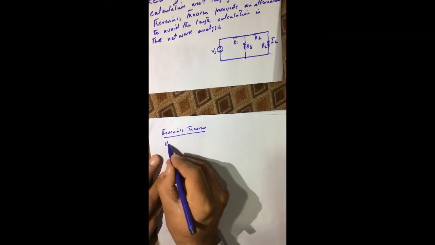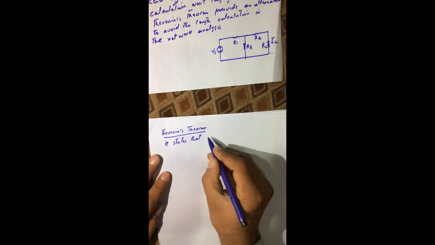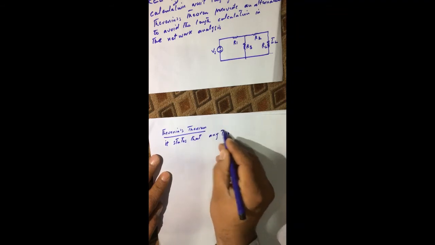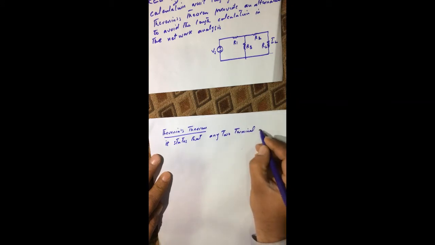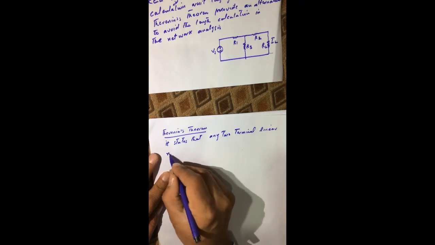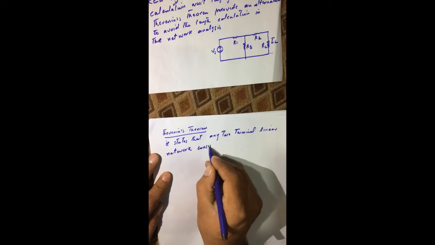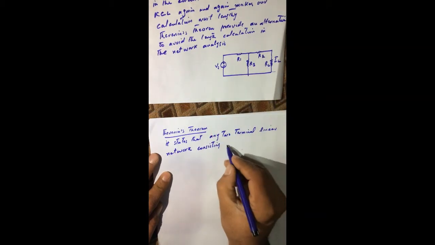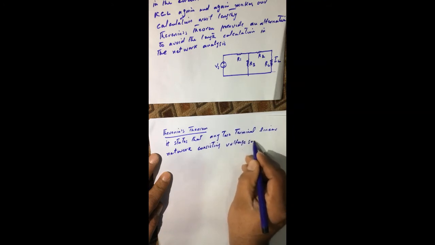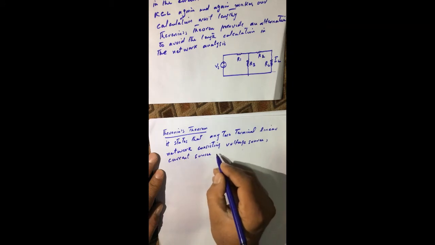It states that any two terminal linear network, like we have, this is a two terminal linear network, consists of a voltage source, a current source, and resistances.